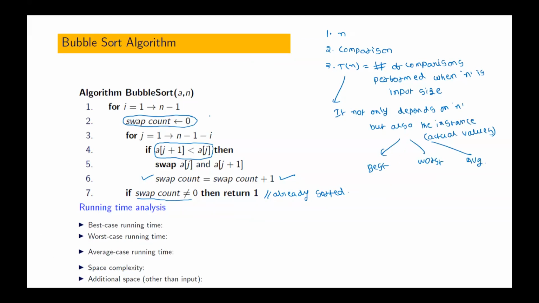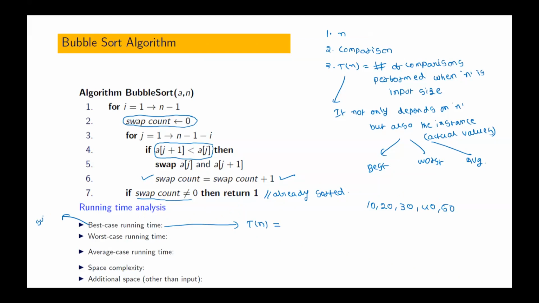What is the best case input for this algorithm? When does the best case occur? When the list is already in sorted order. How many times is the swap operation performed in the best case? 0 times.